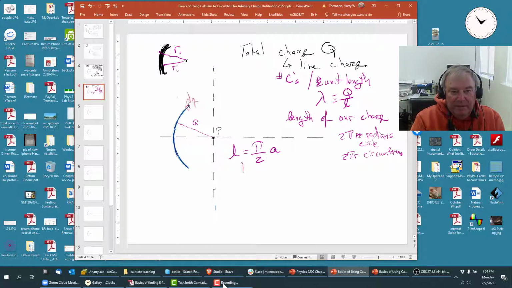So in our case, lambda is going to equal capital Q divided by pi over 2 times A. So we can just simplify it a little bit. 2Q over pi A.